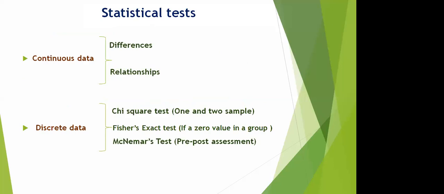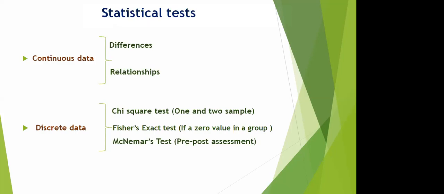So these are some common statistical tests we are using. For choosing a statistical test, initially we need to see what type of data we need to analyze, whether it is quantitative or continuous data, or discrete data, or qualitative data. If we need to do analysis for continuous data, either it will be differences or it may be a relationship.